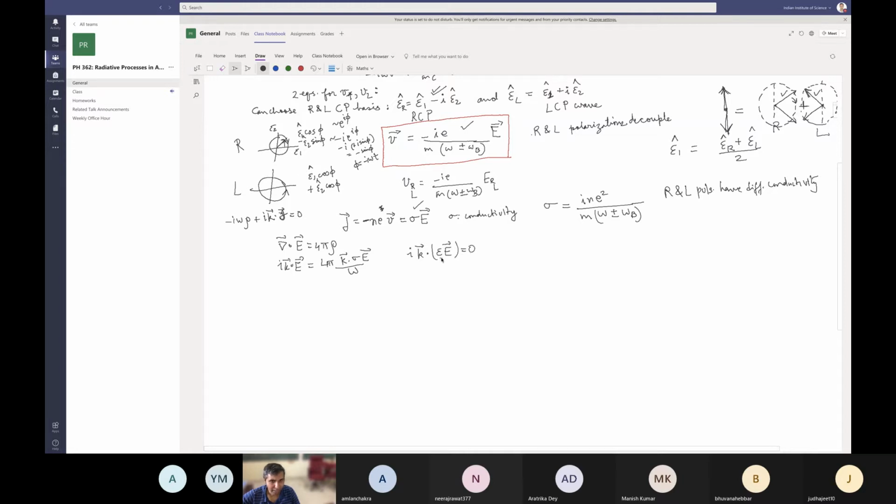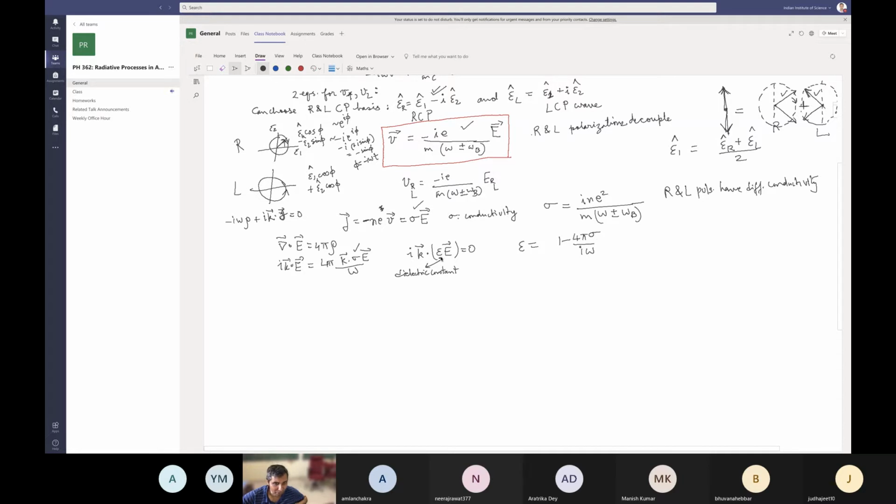Now this takes care of the polarization of the plasma, right? This is the dielectric constant, or it's actually a tensor in this case too, because the two polarizations have different values of epsilon. So what do we get? We get epsilon, just by writing epsilon in terms of sigma, epsilon is equal to 1 minus 4 pi sigma by i omega, right?